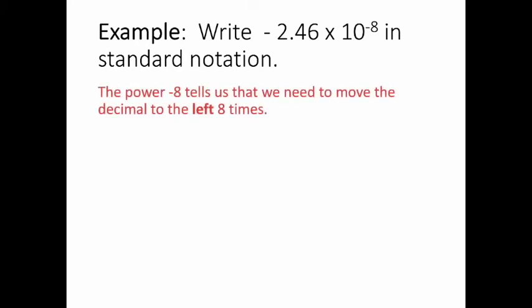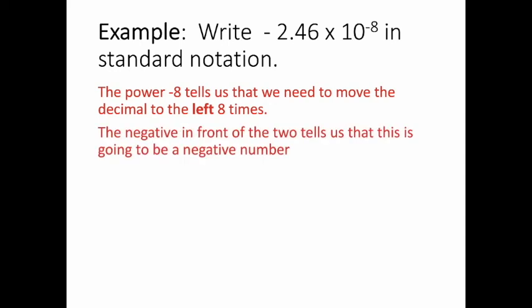So, how do you convert scientific notation to standard notation? For our first example, we're going to write negative 2.46 times 10 to the negative 8th in standard notation. The power negative 8 tells us that this number is going to be less than 1. So we need to move the decimal point to the left 8 times.